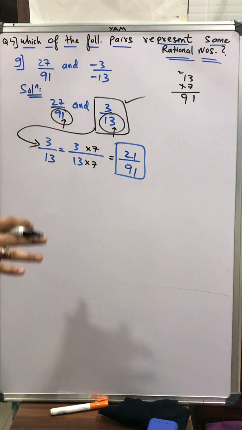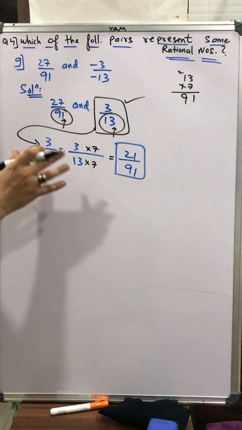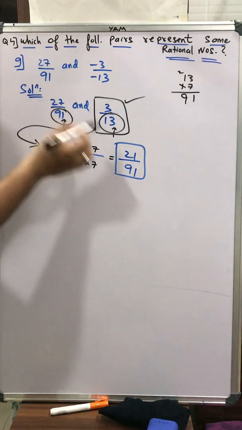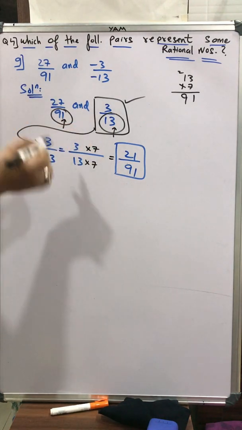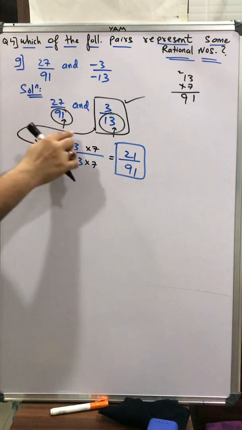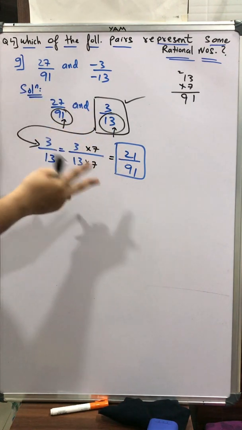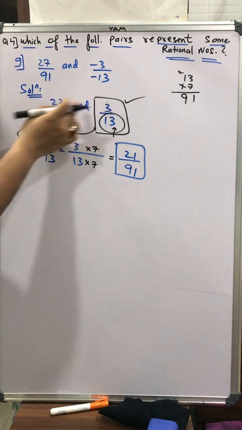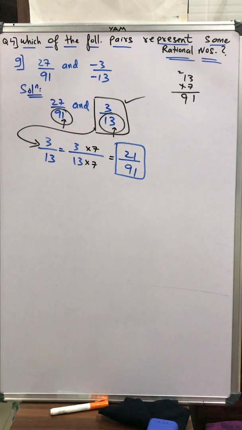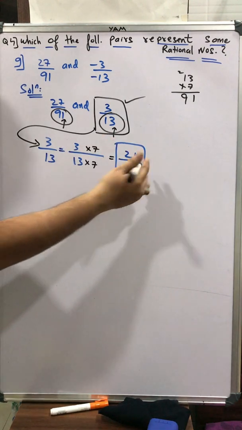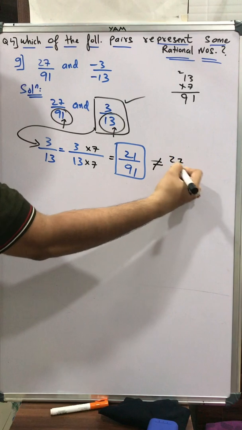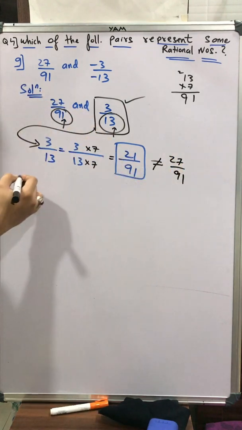So now at any cost, I cannot do any manipulation so that the numerator also becomes equal. Because if I try to make the numerator equal, the denominator will change, and so on. So students, these two fractions are not the same. This 21 upon 91 is not equal to this 27 upon 91, the original fraction.